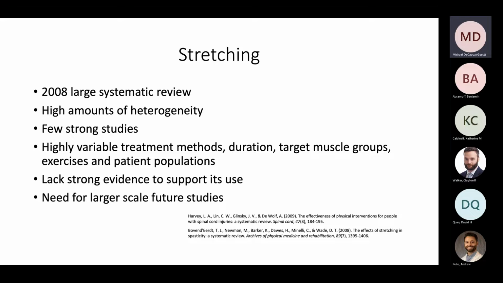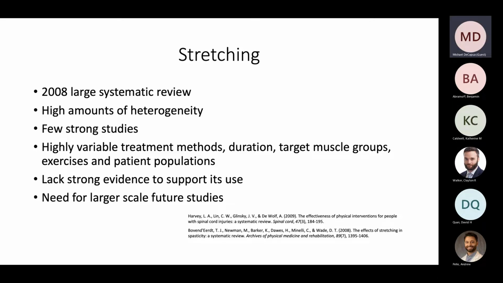There was a highly variable treatment approach in terms of the methods of stretching used, the duration of treatment, whether it was one session or multiple sessions over several weeks, which muscle groups they were targeting, the affected place of the spasticity, what exact exercises they were using, and even the different patient populations, whether post-spinal cord injury, stroke, or other patients experiencing spasticity.